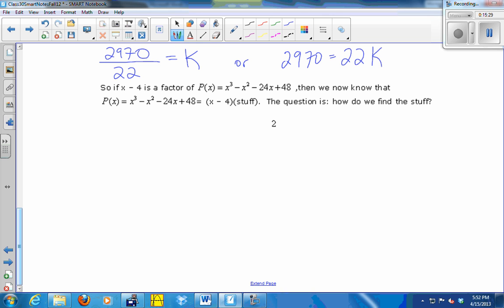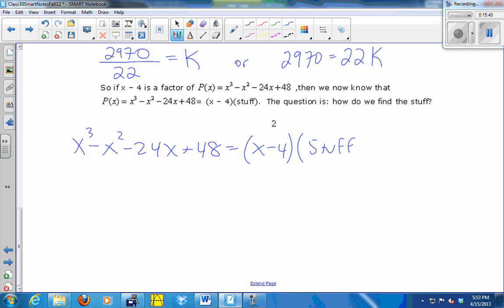Okay, so I've got my polynomial x cubed minus x squared minus 24x plus 48. I know x minus 4 is a factor, which means that I can write my polynomial as x minus 4 times some other stuff. So the question is, how am I going to find this other stuff?